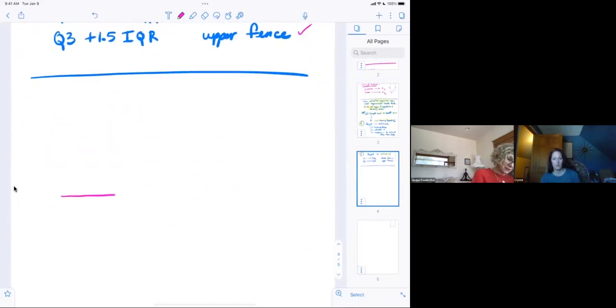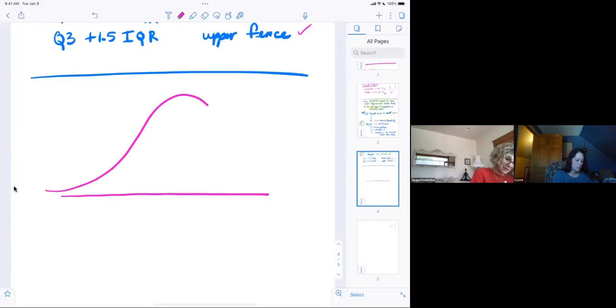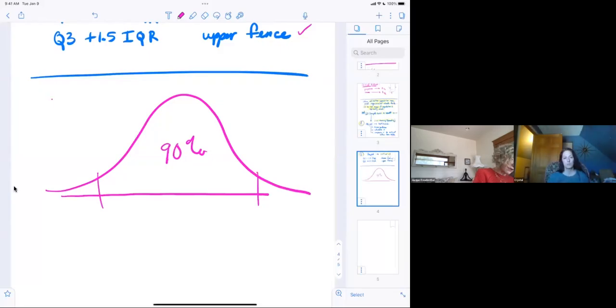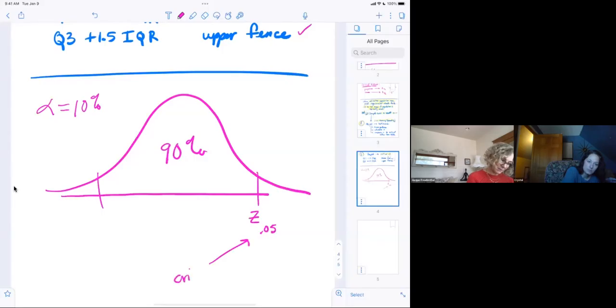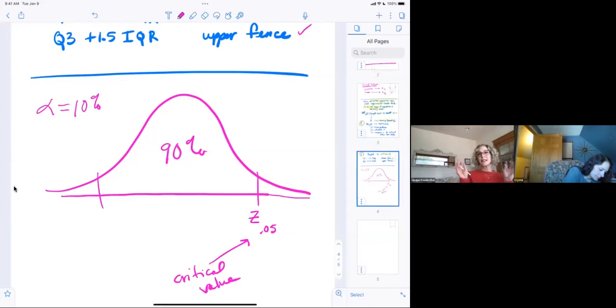When you're looking at confidence intervals, you're looking at maybe a 90% confidence interval, and then you have these tail ends. So then your alpha would be 10%. So your Z sub alpha over 2 would be Z sub 0.05 over here. That's your critical value. The 0.05 comes from splitting the 10% into two tails, so 5% in the right tail, 5% in the left tail.